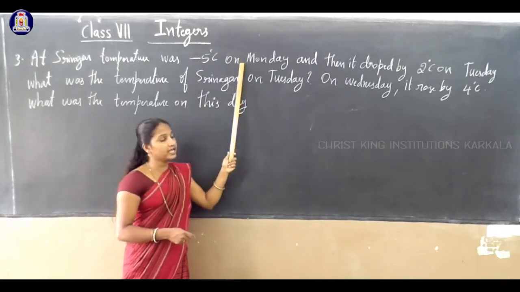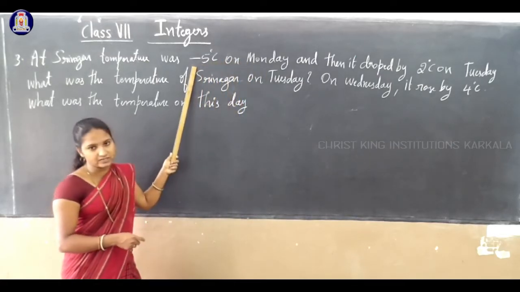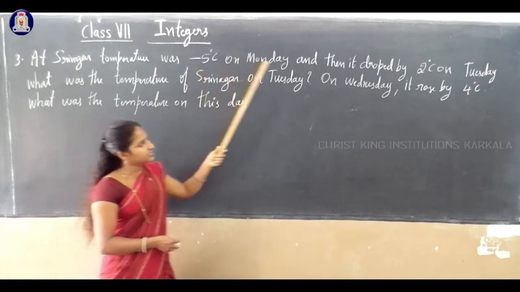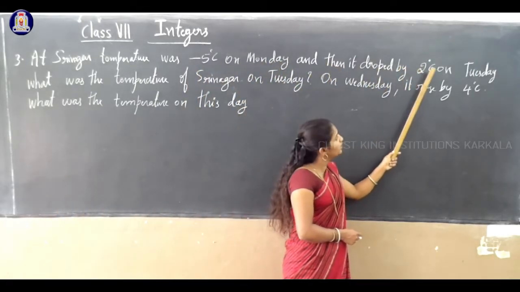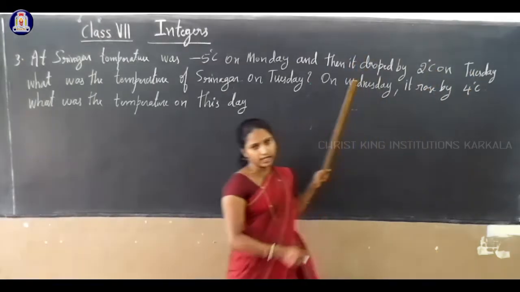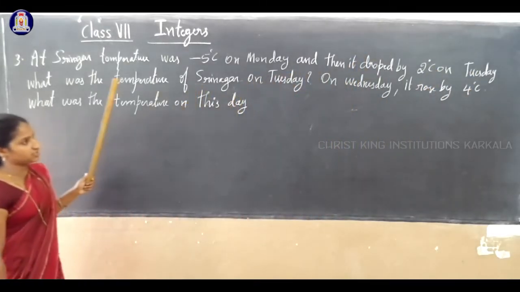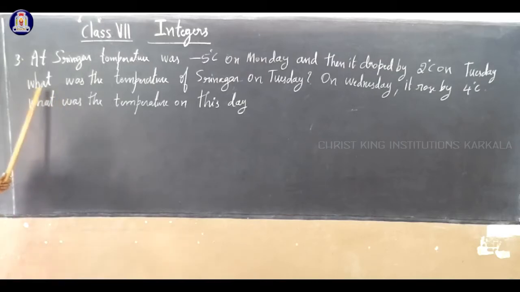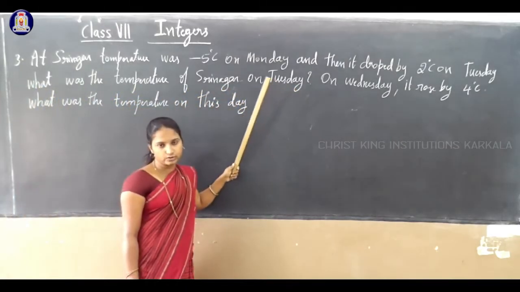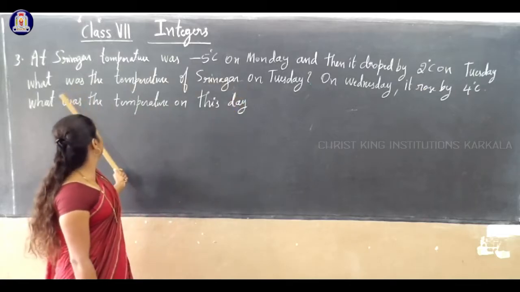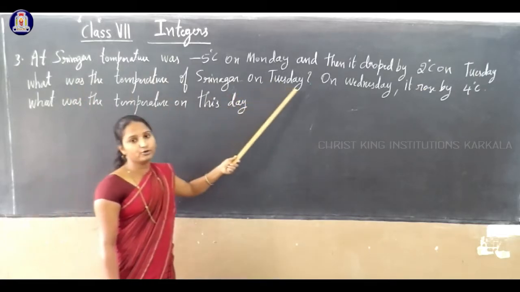So first Monday the temperature is minus 5 degrees Celsius, and then it dropped by 2 degrees Celsius on Tuesday. Then what was the temperature of Srinagar on Tuesday? So you have to find out the temperature of Srinagar on Tuesday.